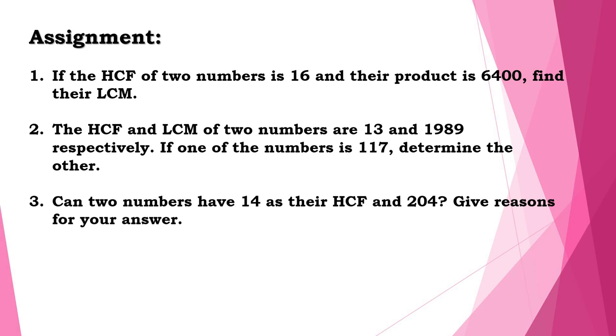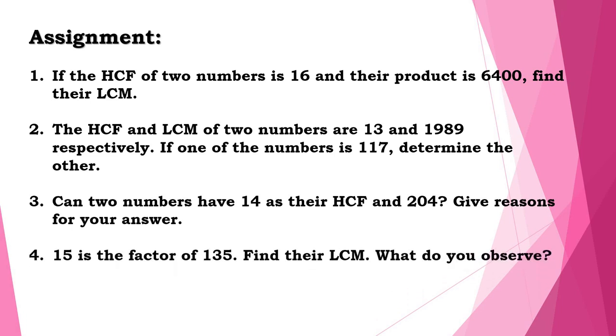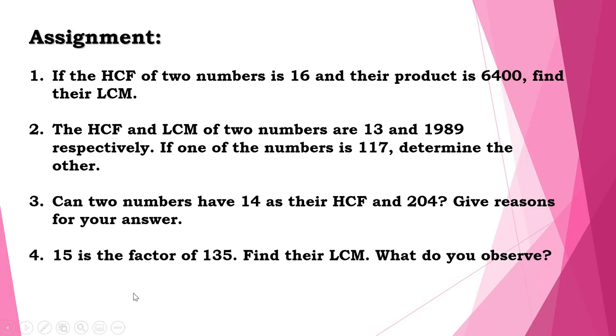Give reasons for your answer. Okay, so here the question is incomplete. 15 is the factor of 135. Find their LCM and what do you observe? Okay, so this is the assignment for today.